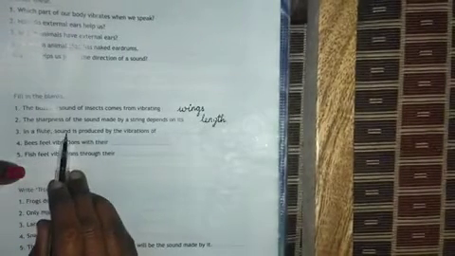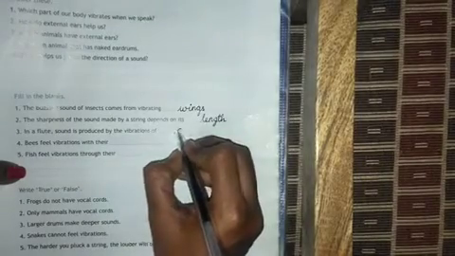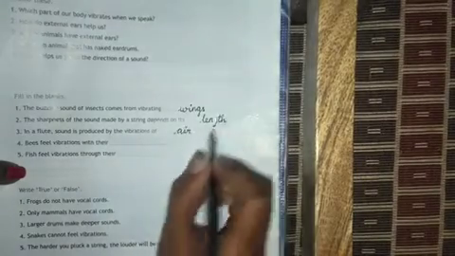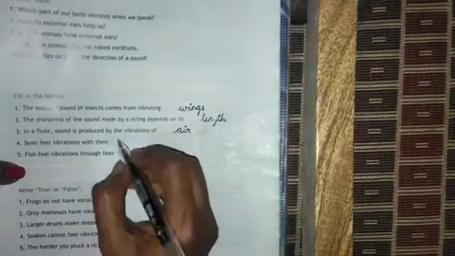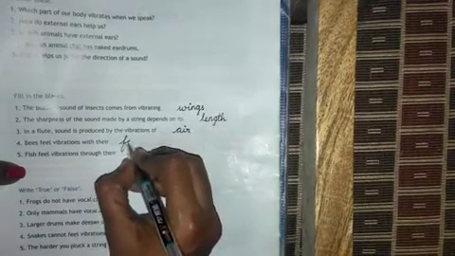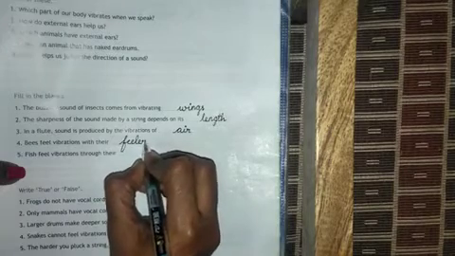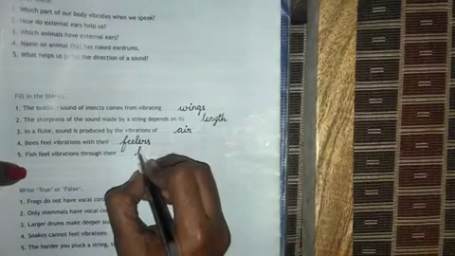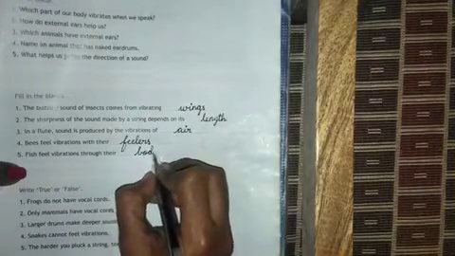In a flute, sound is produced by the vibrations of air. A-I-R, air. Bees feel vibrations with their feelers. F-E-E-L-E-R-S, feelers. Fish feel vibrations through their body. B-O-D-Y, body.